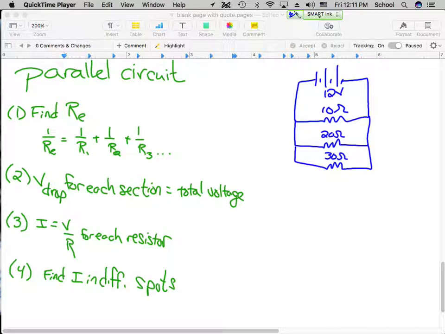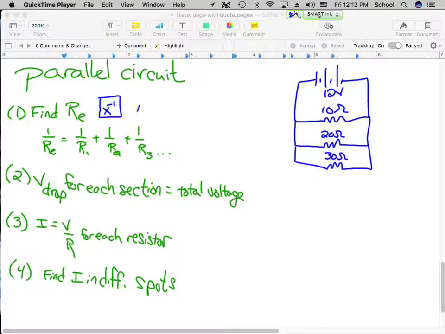So how do we find the effective resistance? We have to do 1 over it. The shortcut way of typing in 1 over whatever is you look for a button on your calculator that says x to the minus 1. What that does is it takes whatever number and flips it over to be 1 over that number.